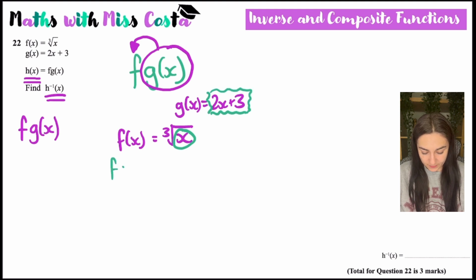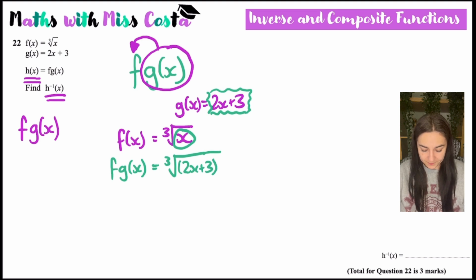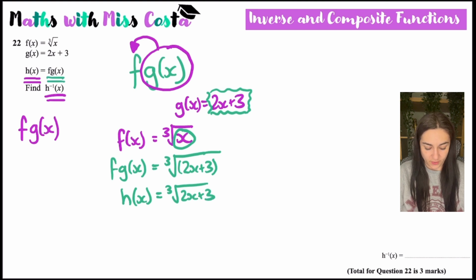So fg of x is going to be the cubed root of 2x plus 3. Okay, so I know that therefore h of x must also equal the cubed root of 2x plus 3 because I know that they are equal.